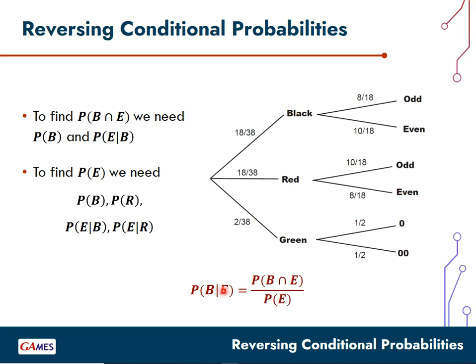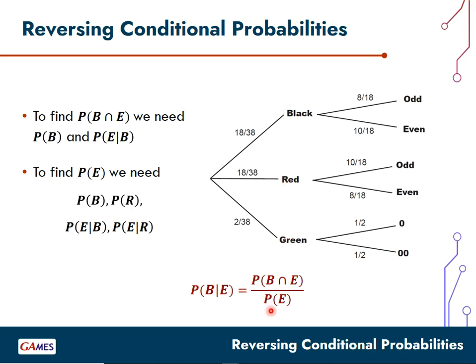So for P of E, we need not just P of E given B and P of E given R, we also need P of B and P of R, because these are the two parent branches where the even occurs. So we are going to calculate the conditional probabilities of occurrence of these evens, and we're also going to use the probabilities of those branches where they occurred.